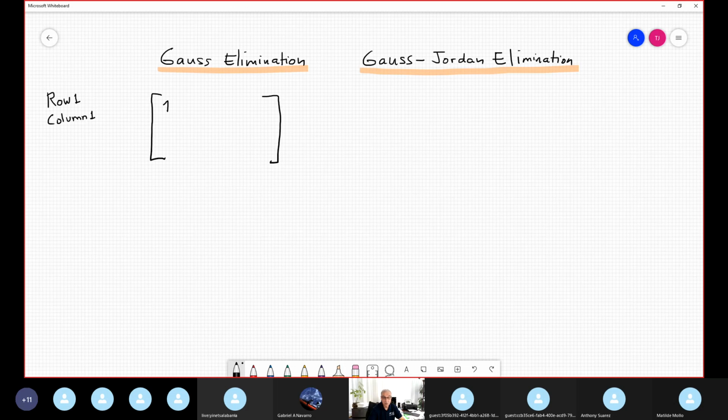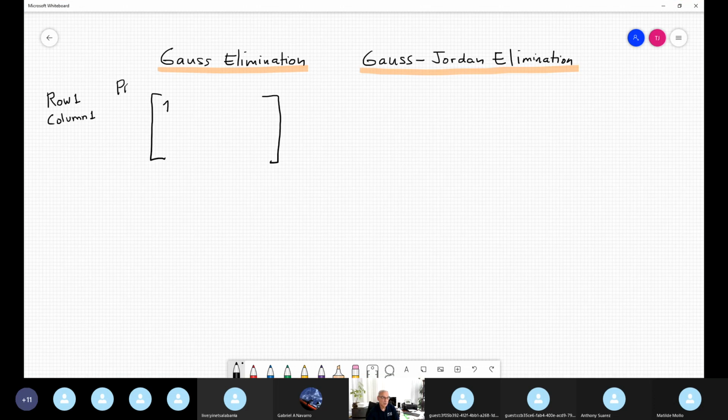Suppose that at the beginning the answer is 5. When I do something to create one, this is important in the algorithm. I want to explain different techniques to create a one here. When you create the one, you are using this number as a pivot. The pivot is the number that helps me, pivot number 1, to continue.